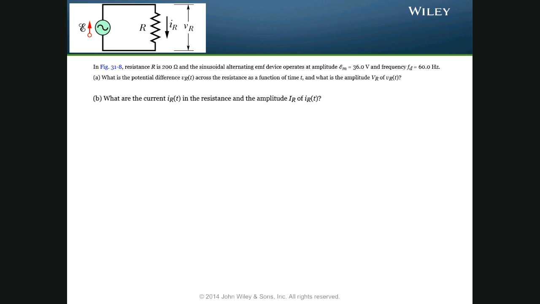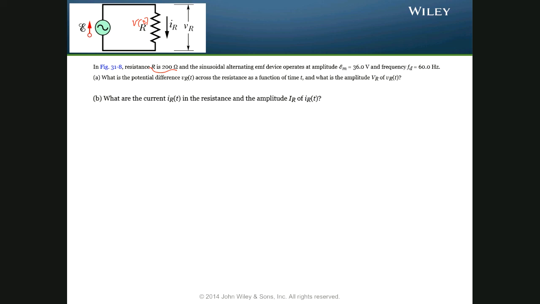So we're given here that we have a resistance of 200 ohms, and a sinusoidal alternating EMF device operates at an amplitude of 36 volts, and the driving frequency f_d equals 60 hertz. So we want to know what is the potential difference, because we'll have a potential difference over time across the resistance.